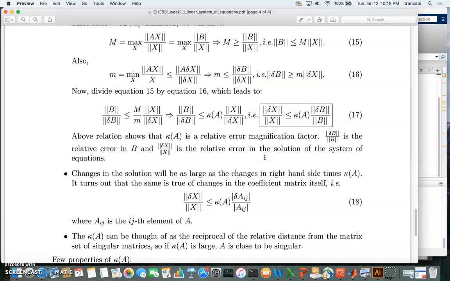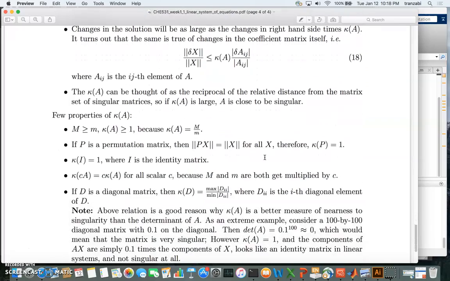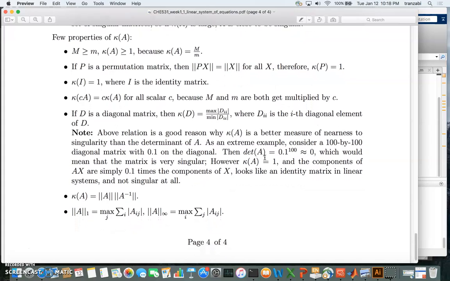A case in point could be a matrix with 0.1 along the diagonal. I have this example in the notes.